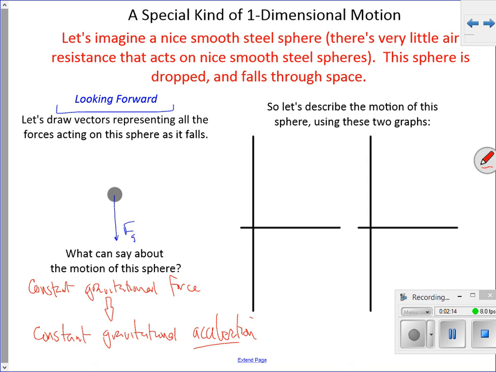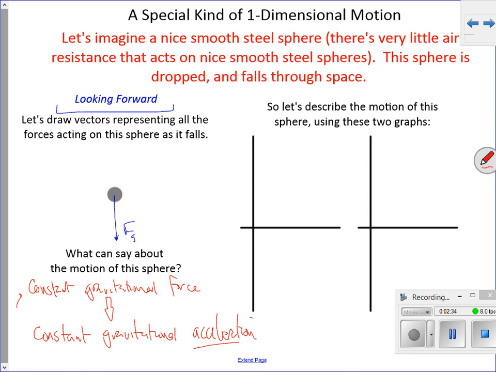Now, we've got to be careful here. Not all objects experience the same force. You can tell by holding two different objects. They might feel like they weigh different amounts because gravity pulls with different amounts of force on different objects.